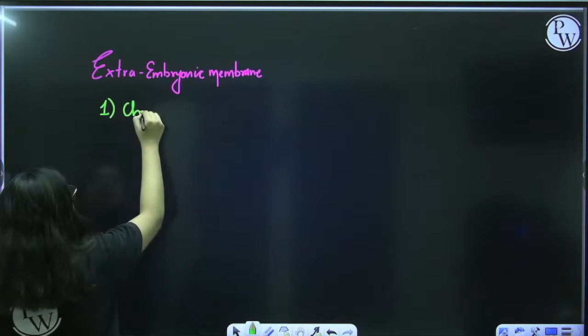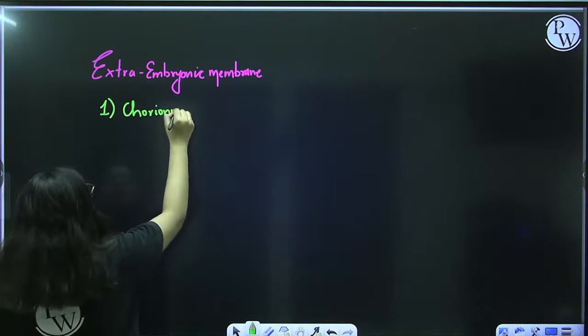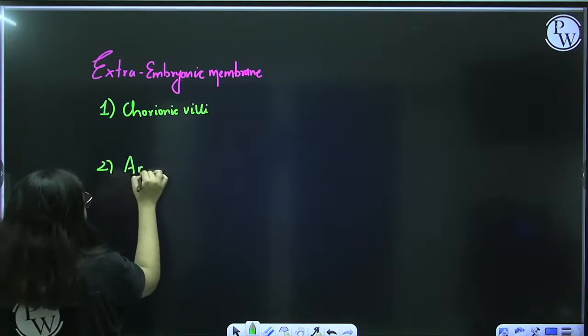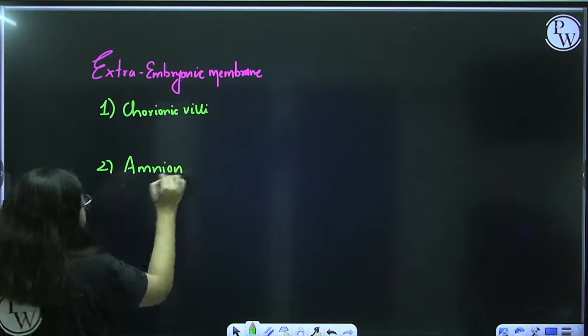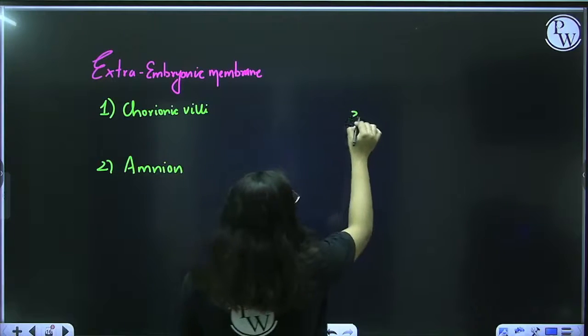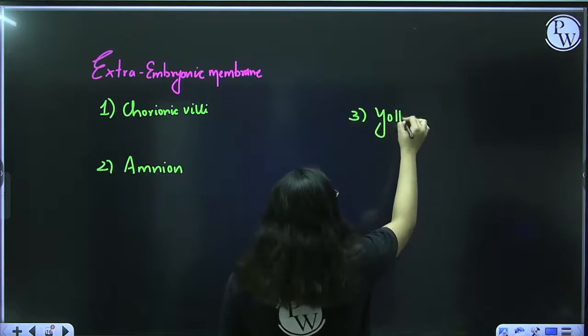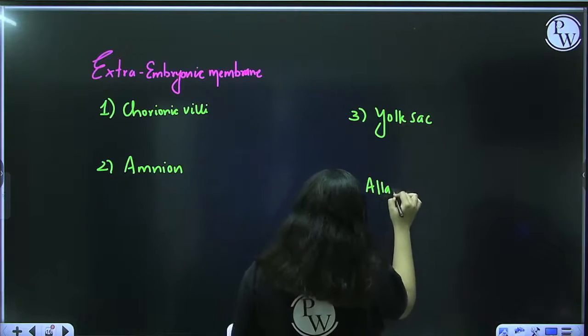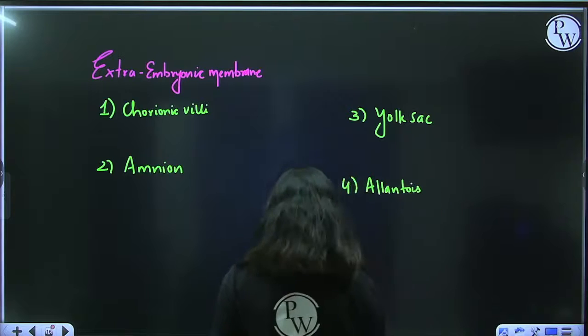One is chorionic villi. Second is amnion. Third is yolk sac. And the last is allantois. This is a new one for you. Right, there are 4 extraembryonic membranes.